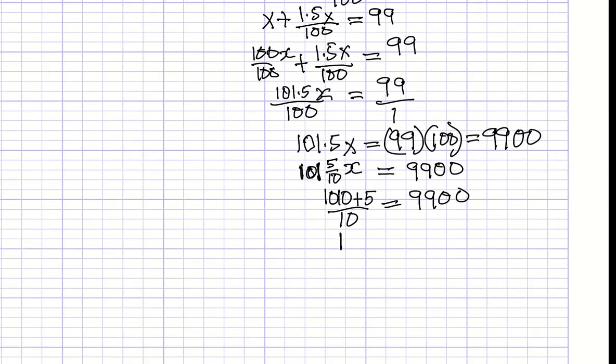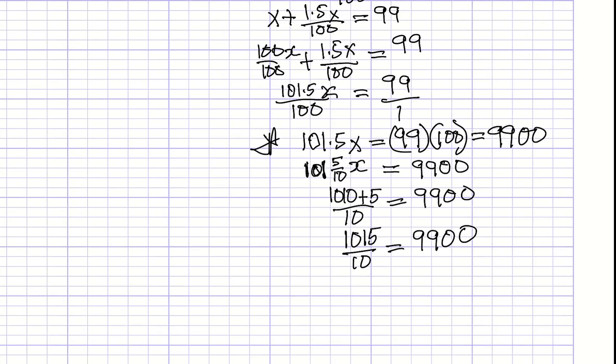So 1015 over 10 times x equals 9900, because if you divide 1015 by 10, you get the same thing we had over here, 101.5. Don't forget the x.